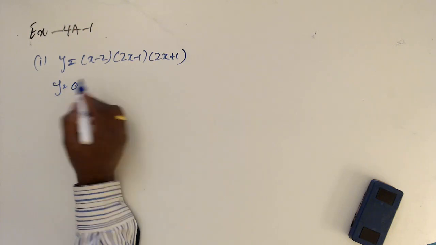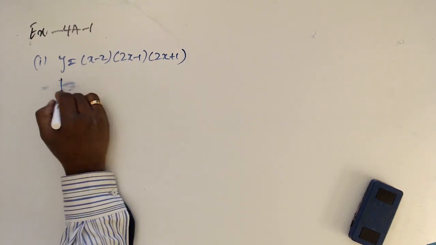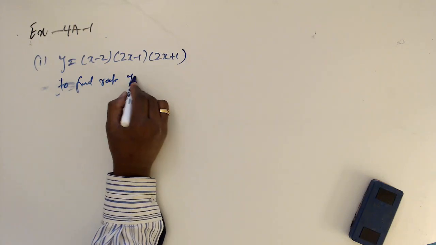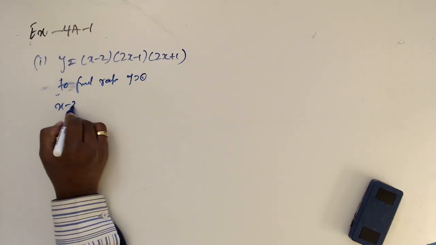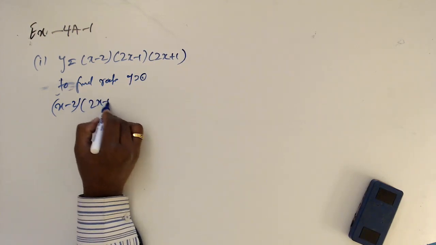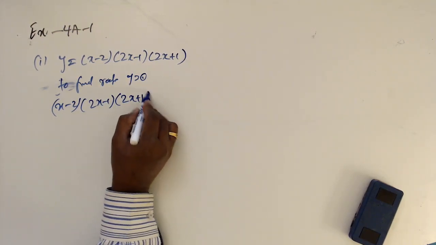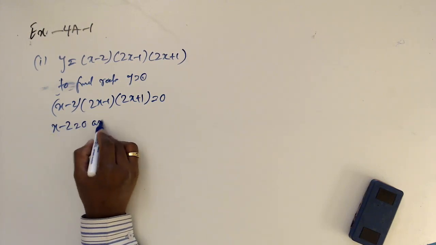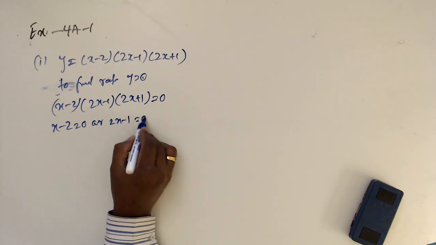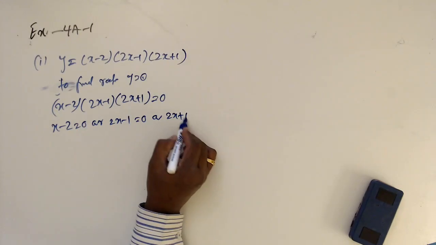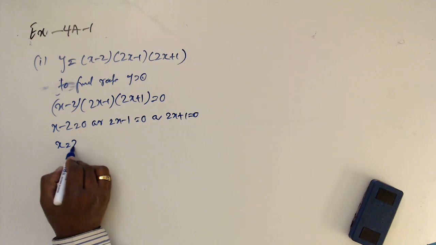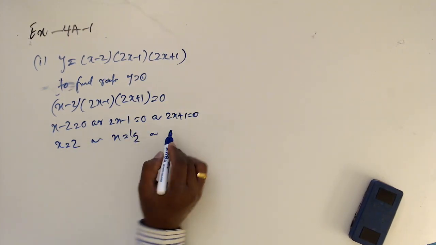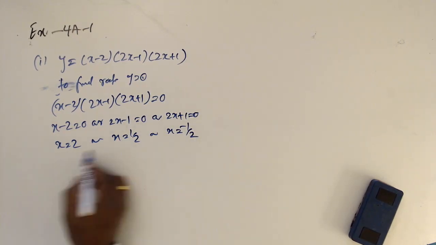When y equals 0, to find roots: x minus 2 equals 0 or 2x minus 1 equals 0 or 2x plus 1 equals 0. So x equals 2, or x equals half, or x equals minus half.